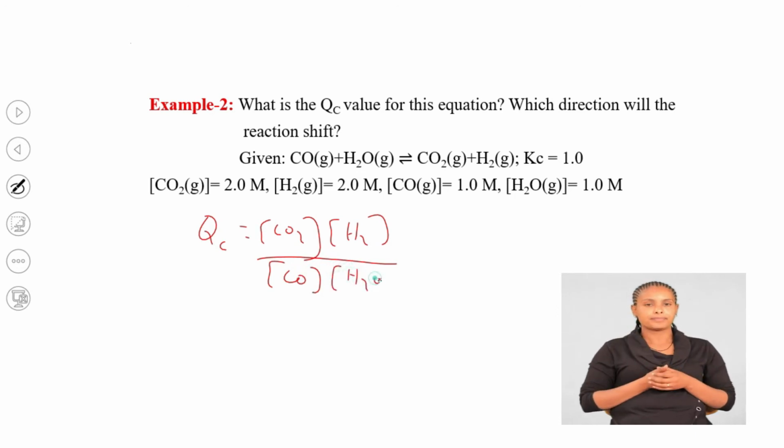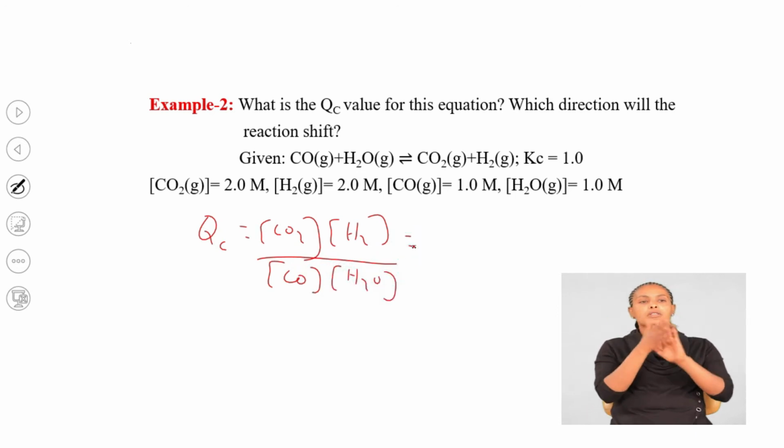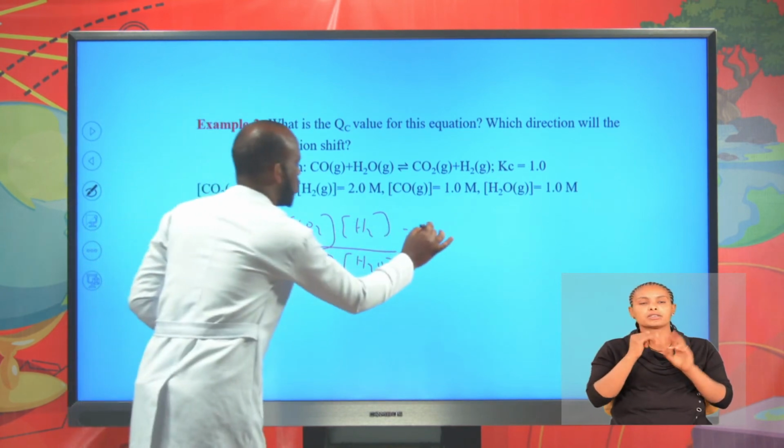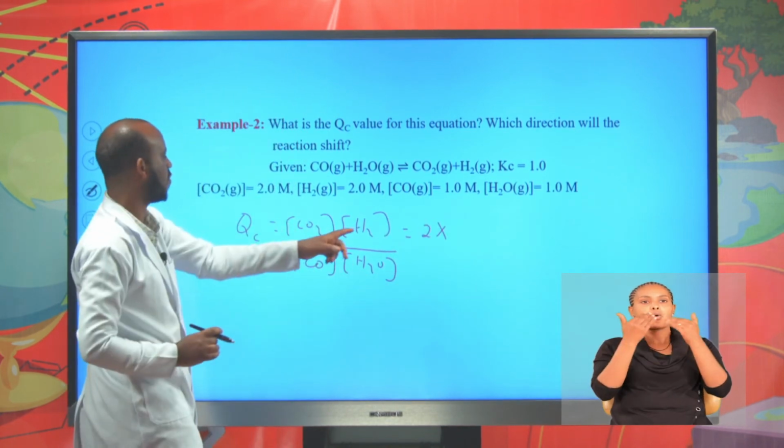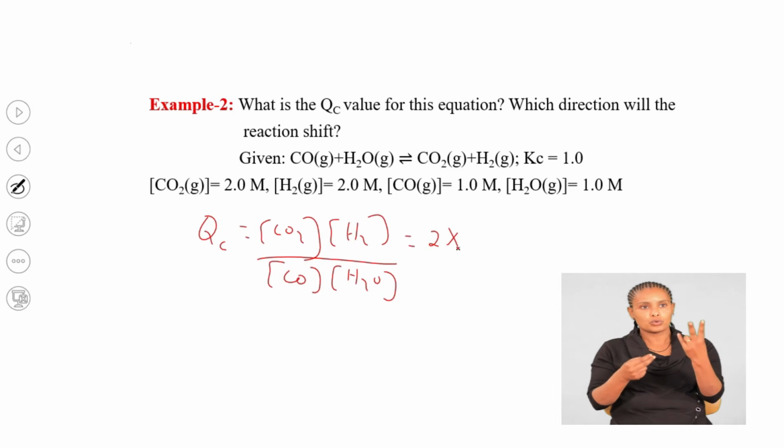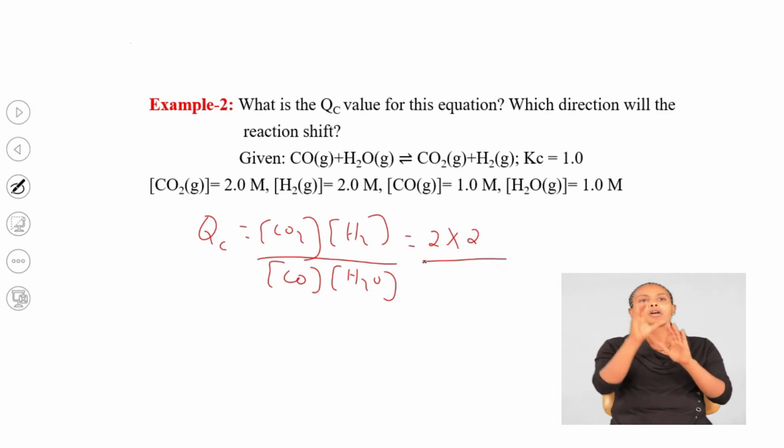Concentration of carbon dioxide is 2, times concentration of hydrogen is 2, divided by concentration of carbon monoxide, which is 1, times concentration of water, which is 1. This gives 4.